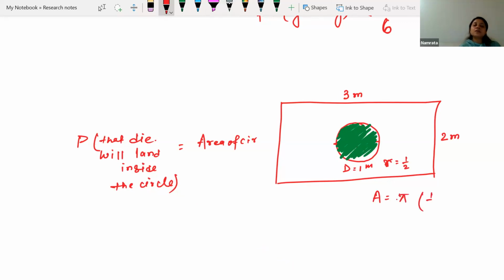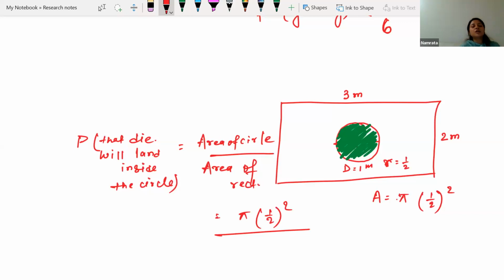The rectangle's area is the total area, the total number of outcomes. So the area of the circle is pi r squared and the area of the rectangle is length into breadth. Length and breadth both are given. This is how we will get the probability that our die will land inside the circle. Are you getting it, everyone?